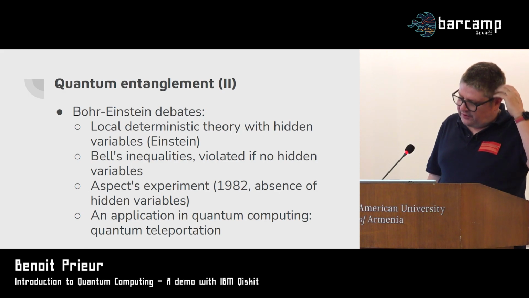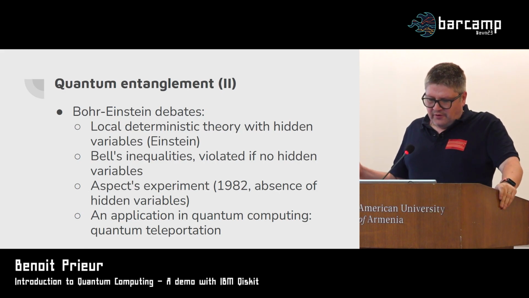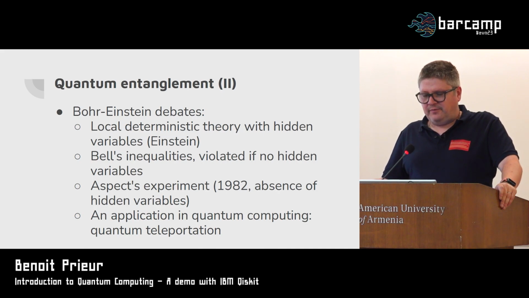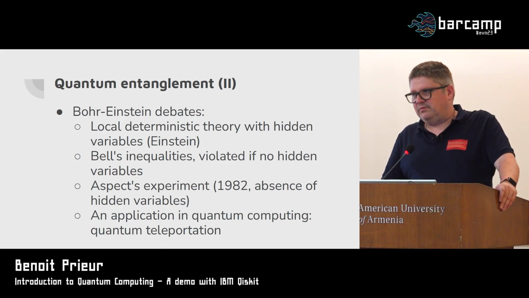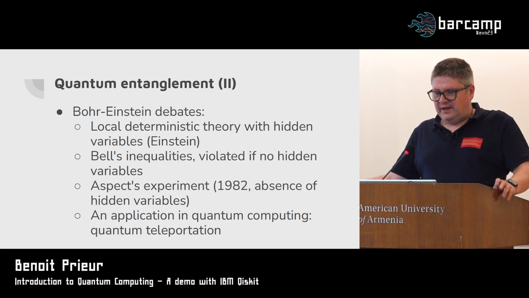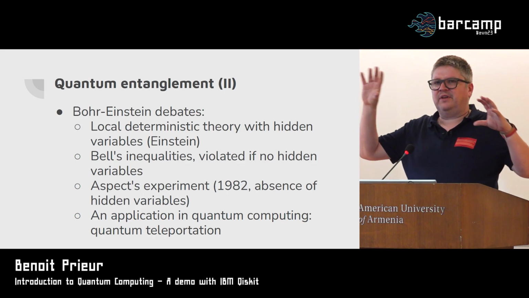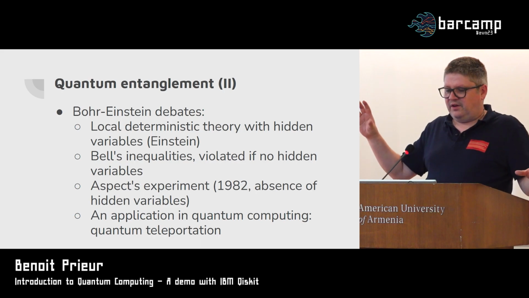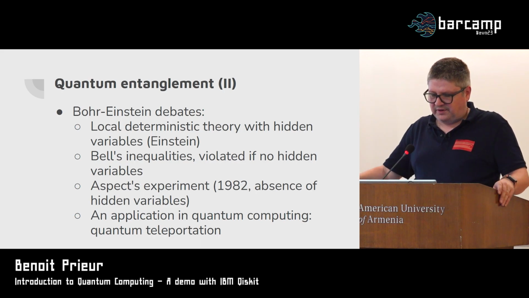And after the Second World War, there were first results. It was not an answer, but Bell, a physicist, found that if a result, the Bell inequalities, are violated, there are no hidden variables. So Bohr is right. In that case, he found an equivalence between entanglement and these mathematical results.